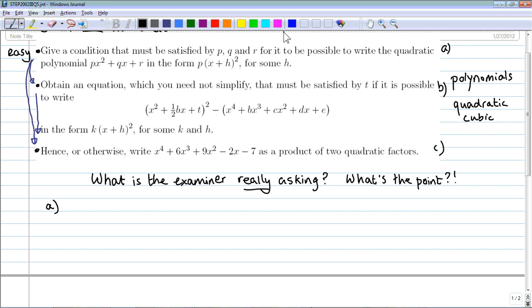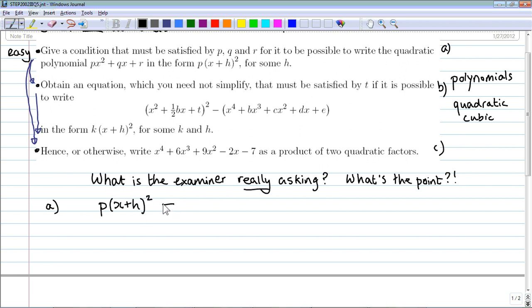So what condition must be satisfied by P, Q, and R for it to be possible to write the quadratic polynomial px squared plus qx plus r in the form p times (x plus h) squared for some value of h? Okay, so the first thing we should think about is, what is this form?